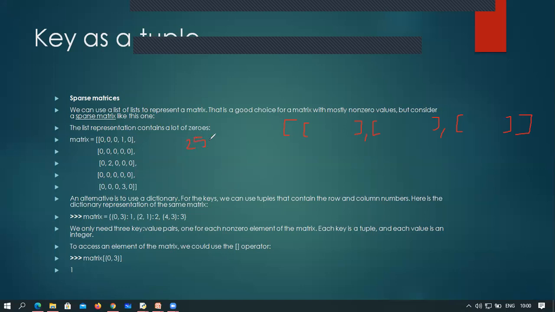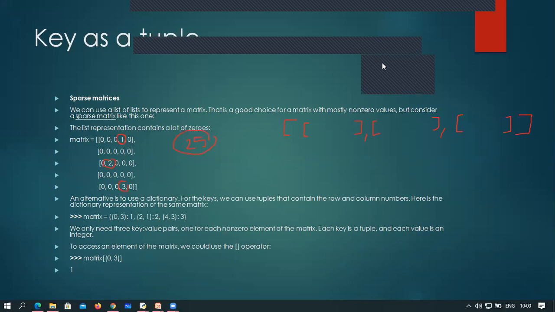But out of those 25 items, only 3 are non-zero, and all others are zeros. That means this type of matrix is called a sparse matrix because mostly all the values of this matrix are zeros.